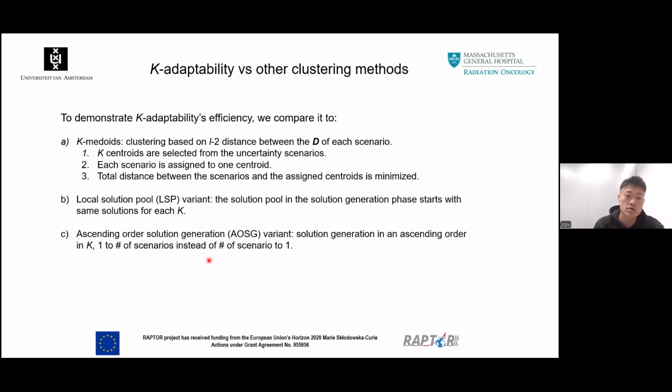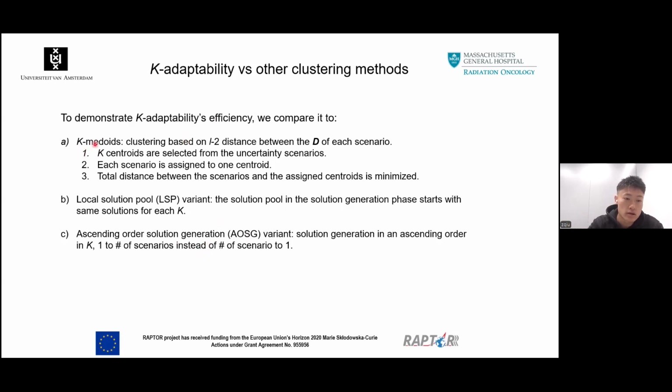Our heuristic generates solutions from K equal to the size of the uncertainty set down to 1, whereas this variant generates solutions from K equal to 1 to the size of the uncertainty set. So we wonder if the order of K matters.